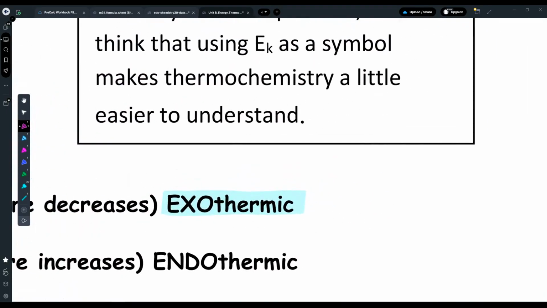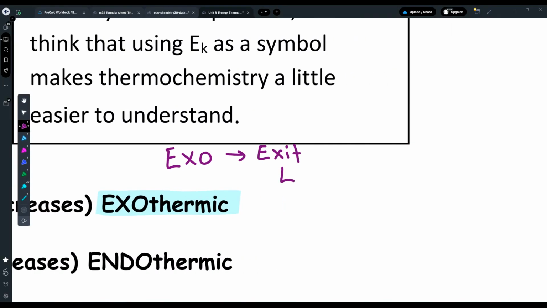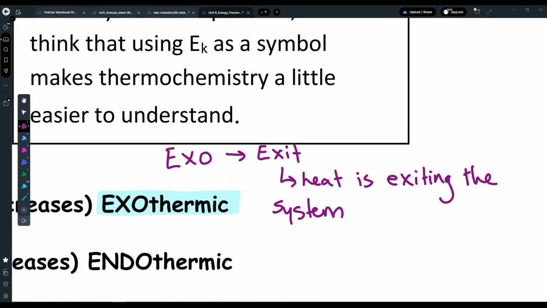So to help you remember the difference between exothermic and endothermic, you can think of exo sounds like exit, as in heat is exiting the system. So if heat's exiting the system, that's why it's going to be a negative value.